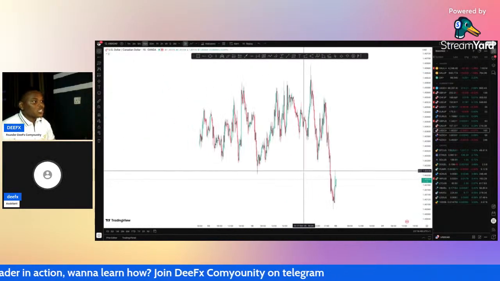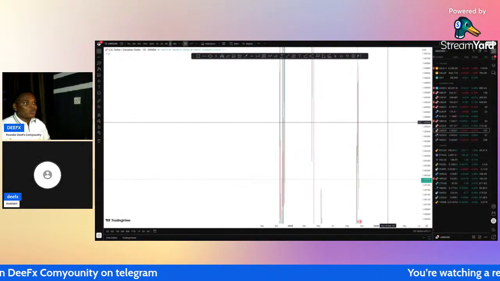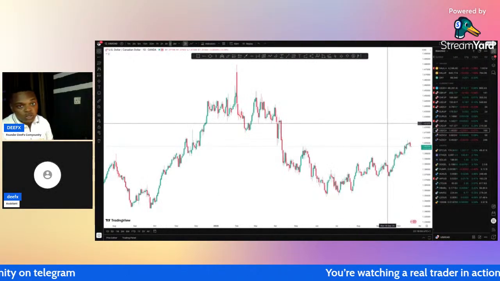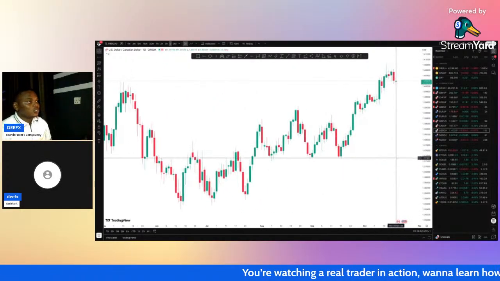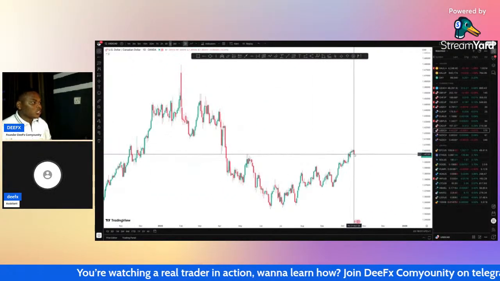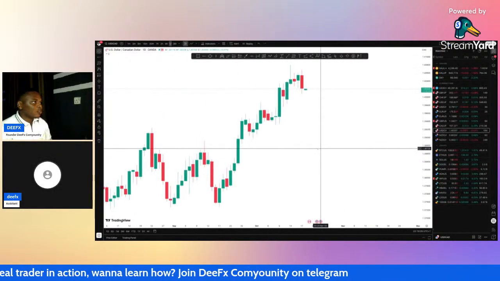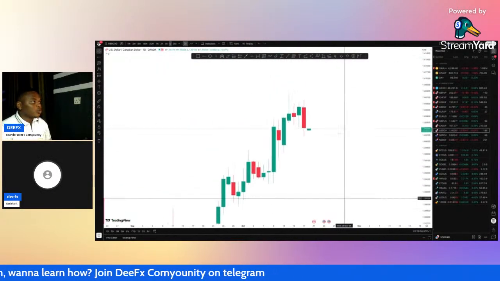Okay, because I see that it has a lot of momentum and possibility to give us that money we need, if you know how to use your lot size. So from this now we can see that potentially we have a bearish candle, but that's not my business. My business is just to look for the previous week high, previous week low, and the equilibrium.